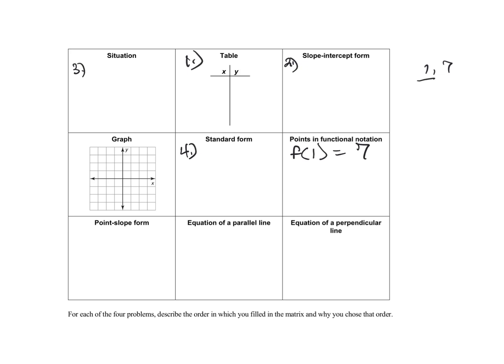If you have something in this form, y equals 4x plus 3, which is slope-intercept form, and you want to convert that to standard form, you're going to move your x and y to the same side.